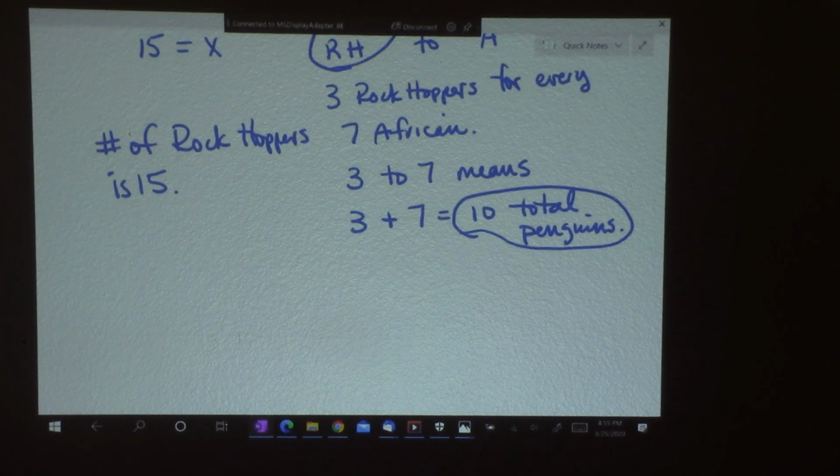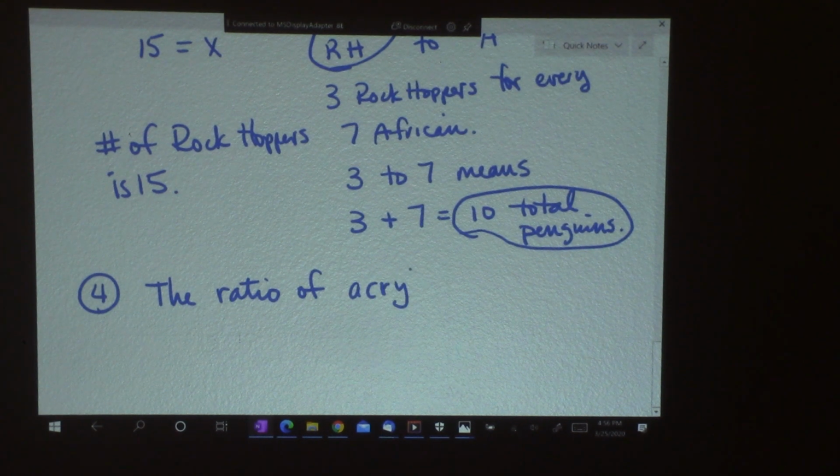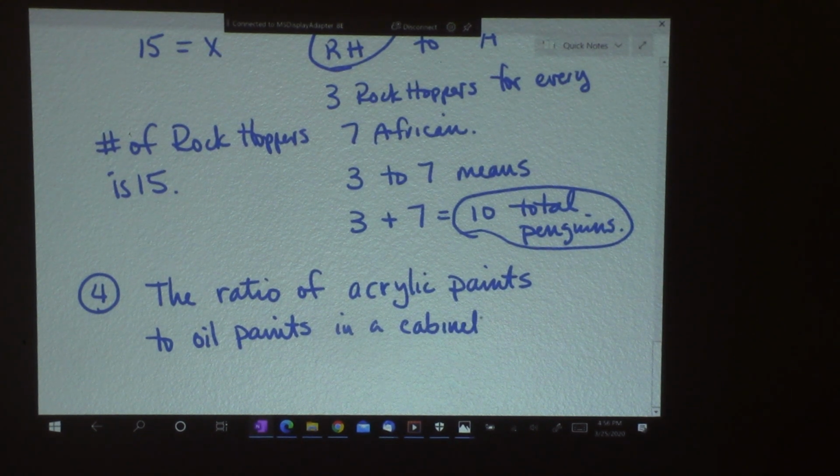Let's do one more of those. This can be hard, so I want to do another one together. So let's do this. The ratio of acrylic paints to oil paints in a cabinet is 3 to 2.